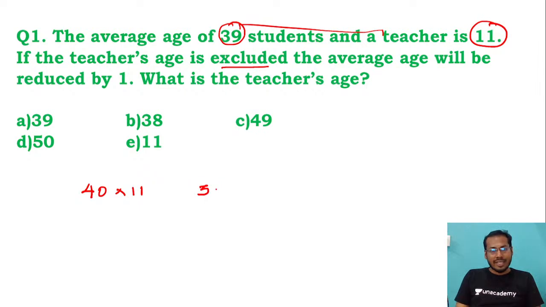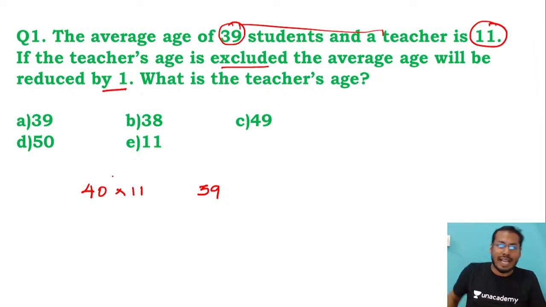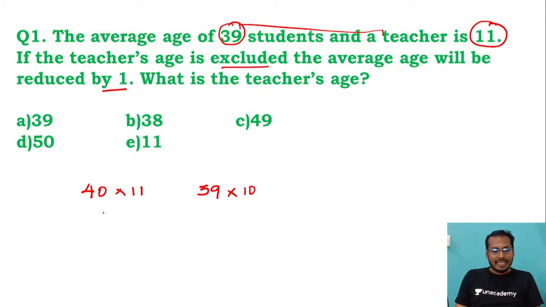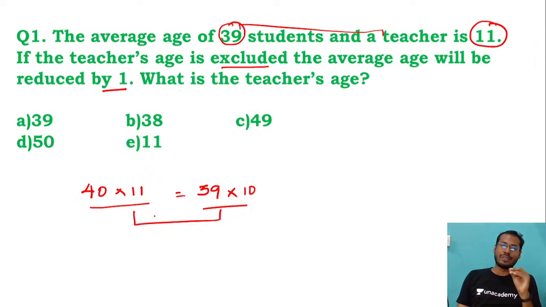Right? If there are only 39 students, now the average age is reduced by 1. If the average age is reduced by 1, 11 will become 10. Correct? If the teacher's age is included, this is the total. If the teacher's age is excluded, this is the total. The difference between these two is the teacher's age. This is the equation way of getting the answer.